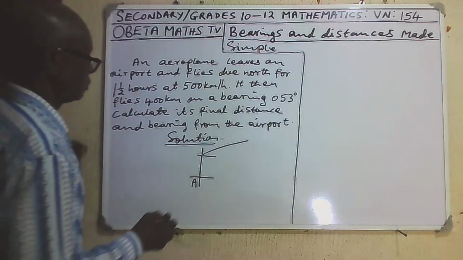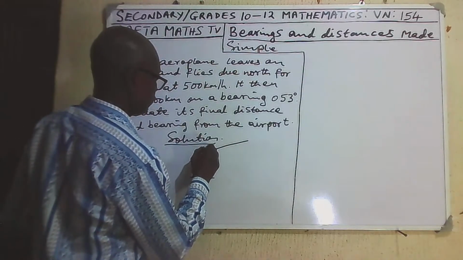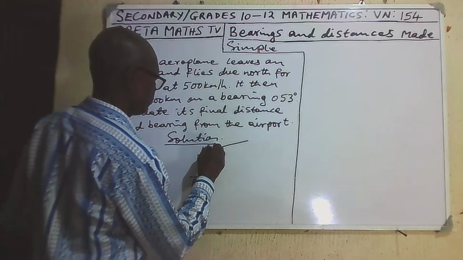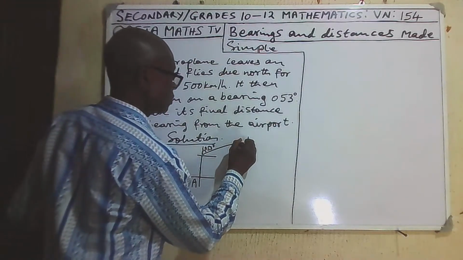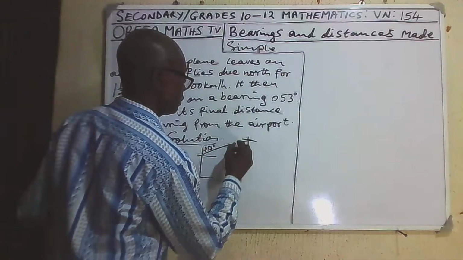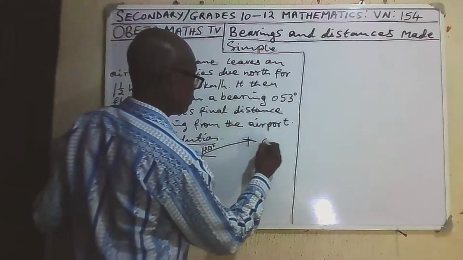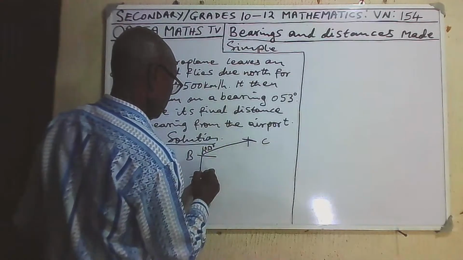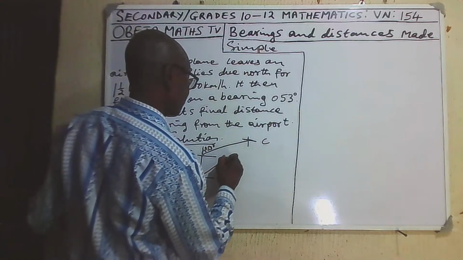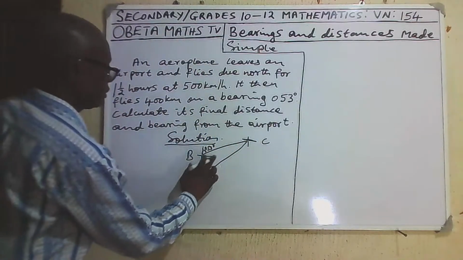Then it means we are now talking of this is 053 degrees, and then here is the final point. So let's call this A, B, and C. Then this is the starting point.